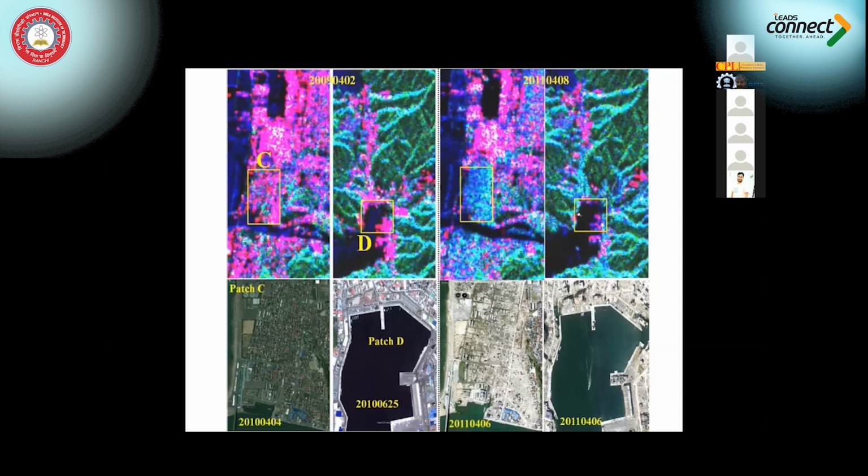It is because the tsunami reached around 40 meters above this area, and while retreating, it brought some houses that were floating into the bay. So that's why we can also see that increment in the double bounce, and you can identify debris of those houses.